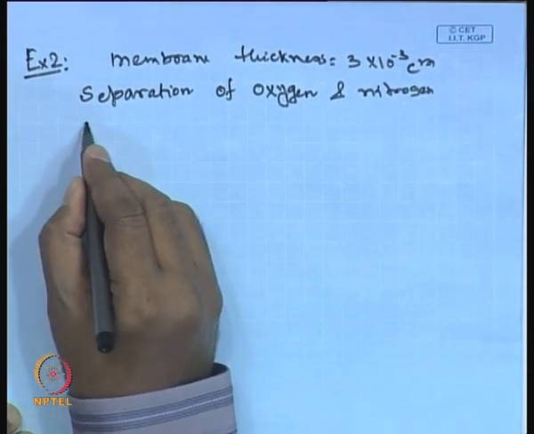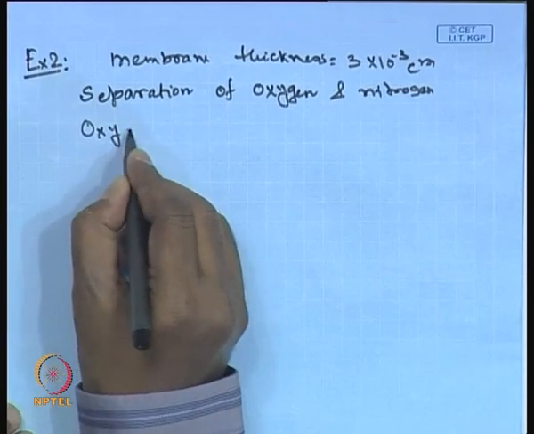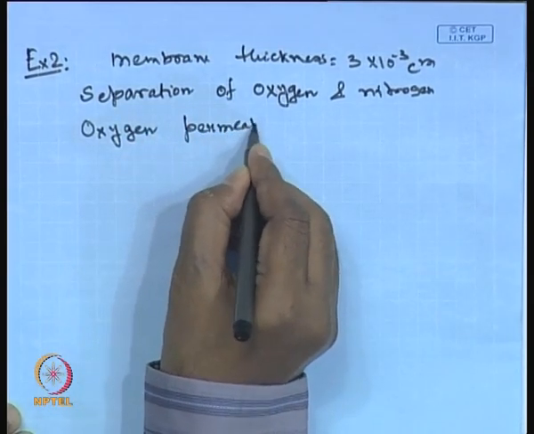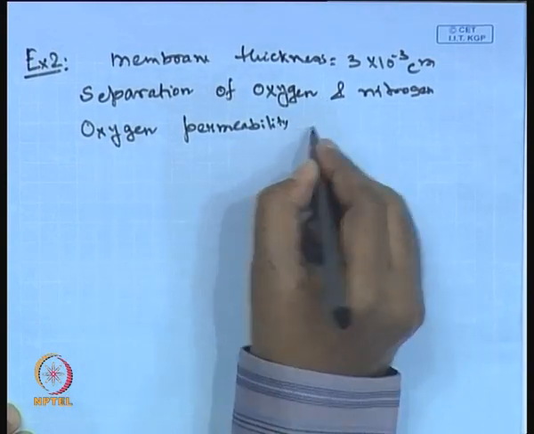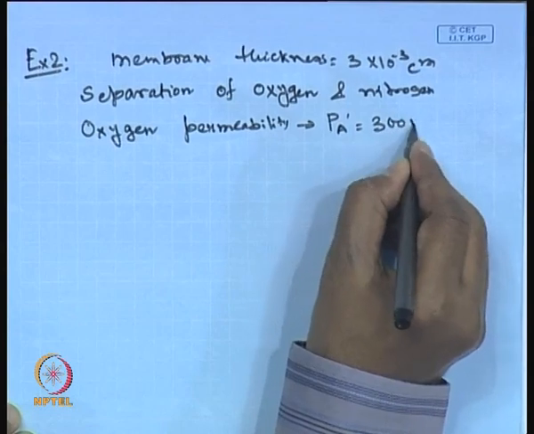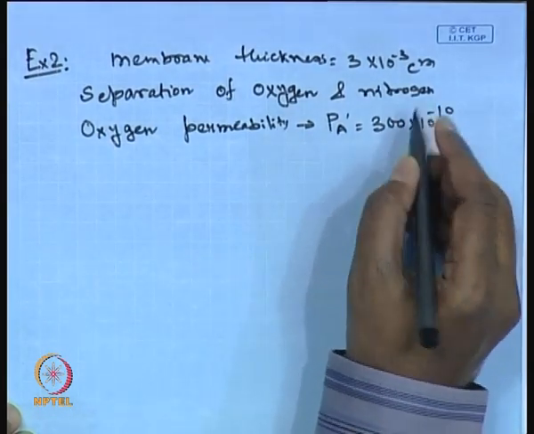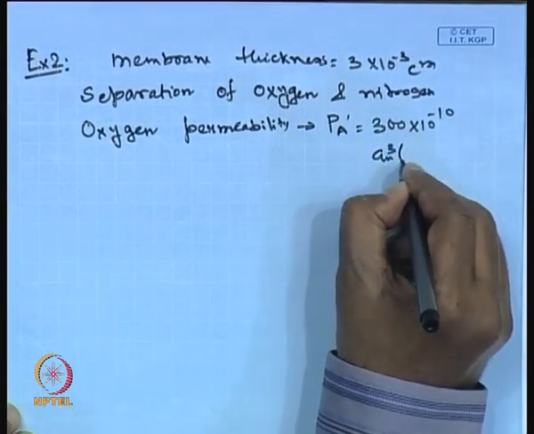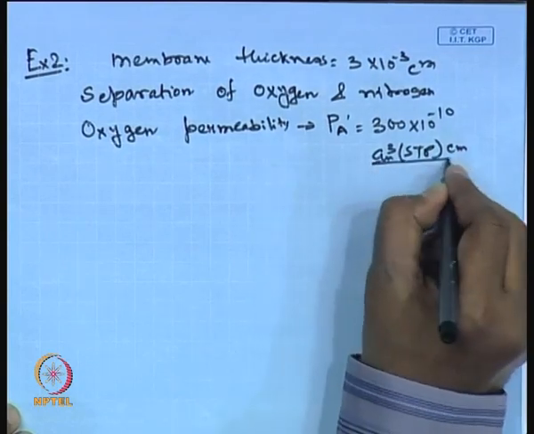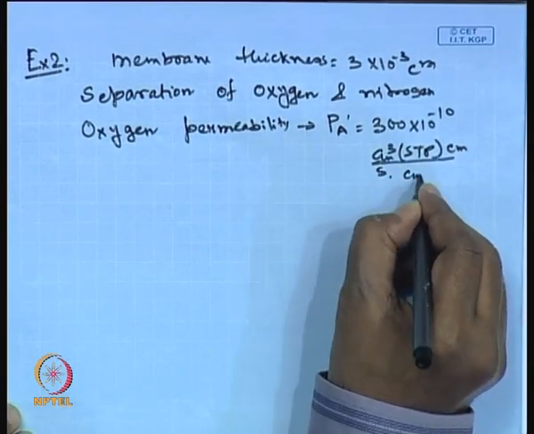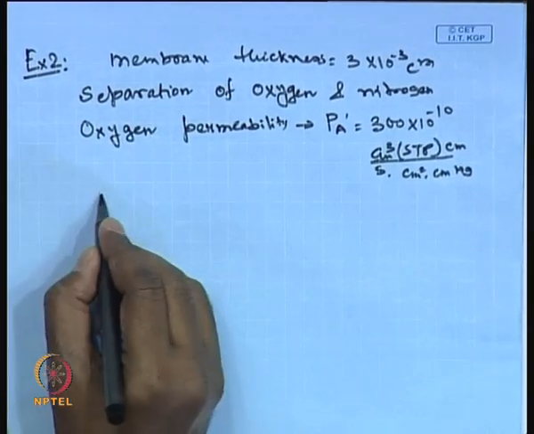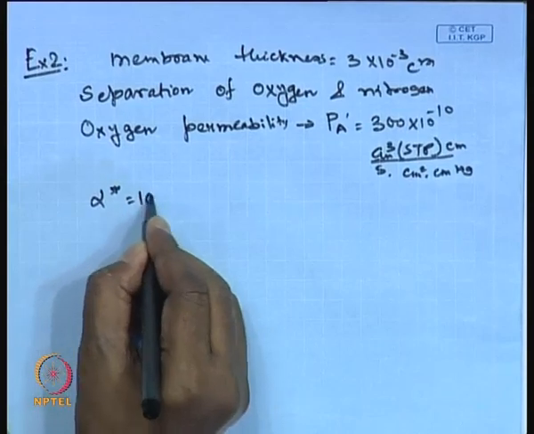The oxygen permeability with respect to the membrane is given, this P A prime is 300 into 10 to the power minus 10 centimeter cube at STP centimeter divided by second centimeter square centimeter of mercury, and alpha star is given as 10.